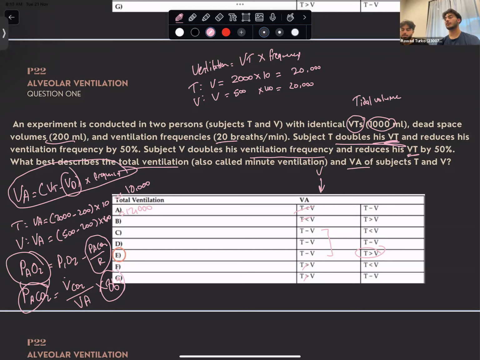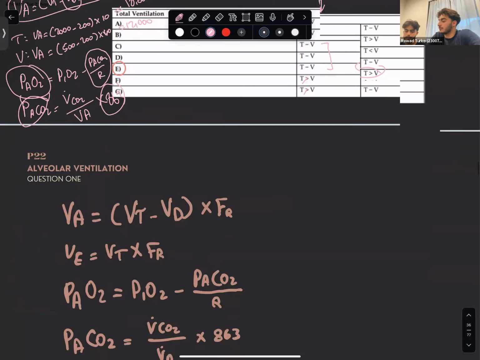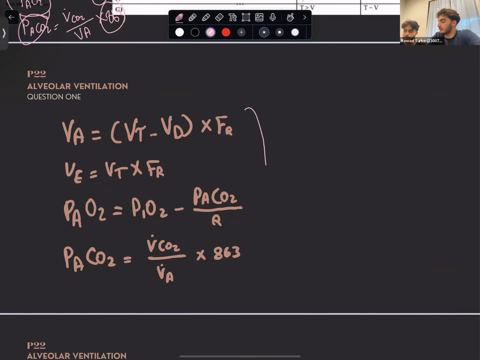Okay, so it's really important to understand both equations and to memorize both, because they will give you questions where you need the equation to get it right. I put here all the equations that I think are important in this lecture, and I think you will have to memorize these.